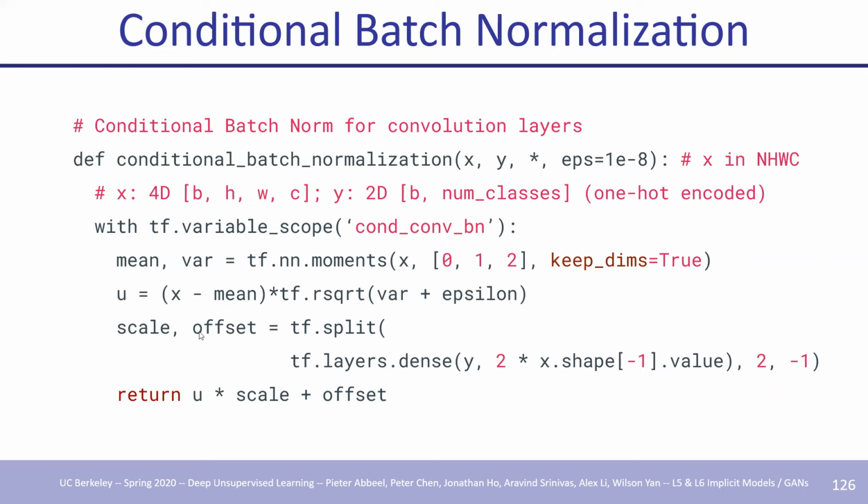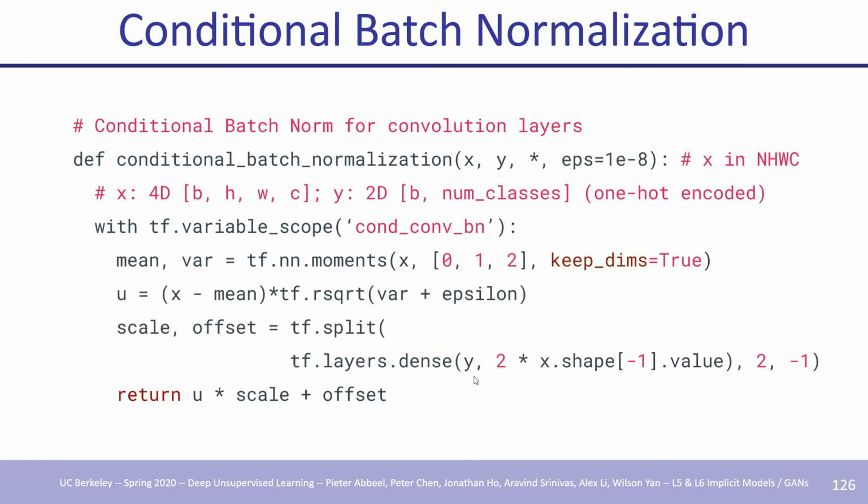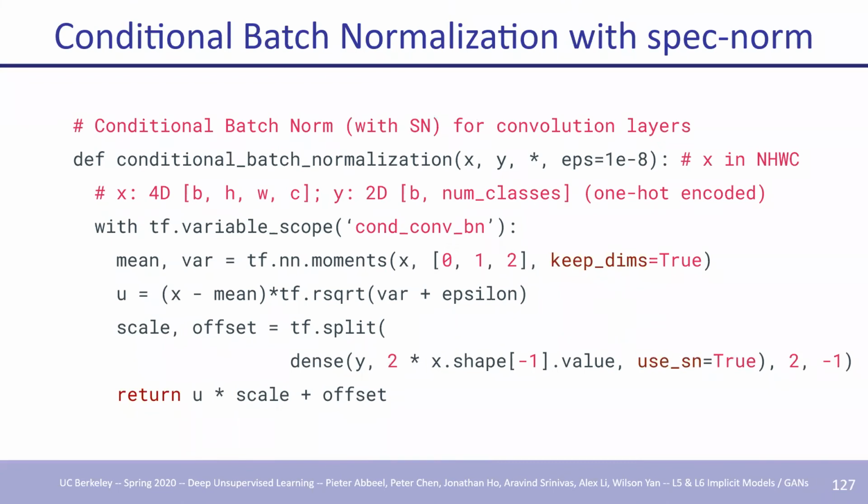But when you calculate the scale and the offset, you have another neural network that generates it for you. Here the label generates the scale and the offset, and then you have the conditional batch normalization, so that depending on the label, it has a slightly different normalization. And this one is for convolution layers.